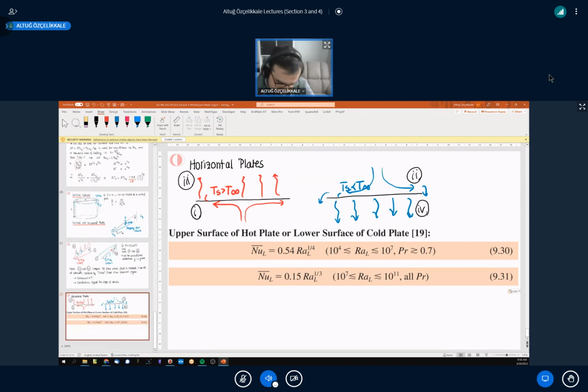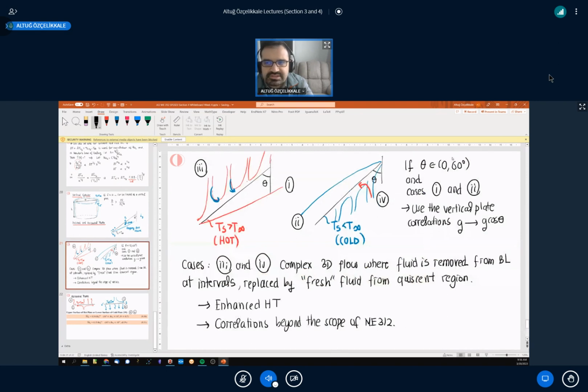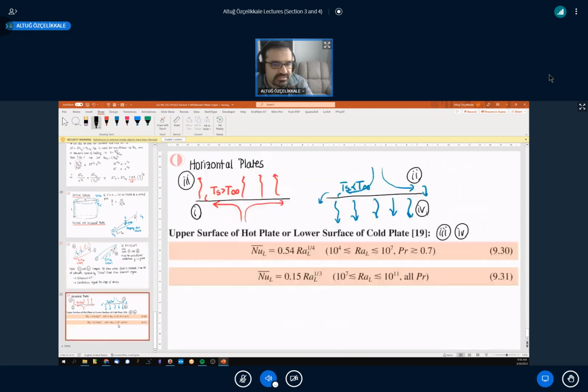And these correspond particularly to those enhanced heat transfer conditions. When we don't have correlations for inclined plates with a certain angle, we have correlations for horizontal plate for those enhanced conditions. And for the lower surface of the hot plate and upper surface of the cold plate, remember that this approximation is not valid for angles larger than 60, and 90 is definitely larger than 60.